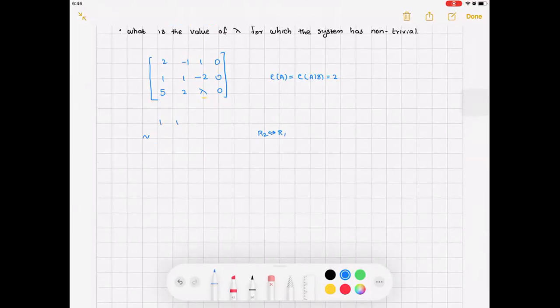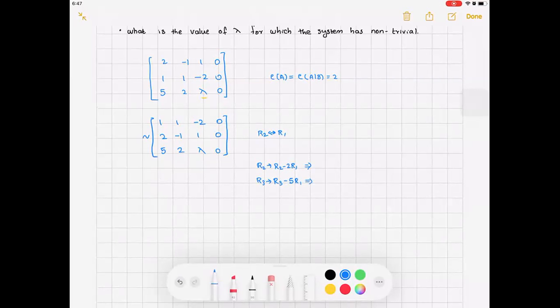This gives me 1 1 minus 2 0 2 minus 1 1 0 5 2 lambda 0. Okay, now row 2 is nothing but the new row 2 minus 2 times of row 1, and row 3 as row 3 minus 5 times of row 1.